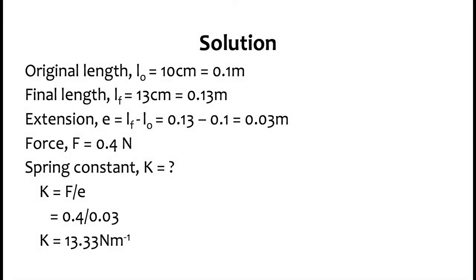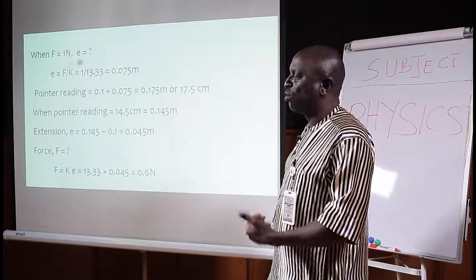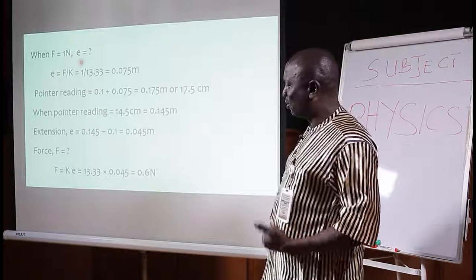Now, going back to our formula of K equals F over E, substituting in our values, we have 0.4 divided by 0.03, and K will be equal to 13.33 Newton per meter. Now, when F is 1 Newton, extension is unknown.